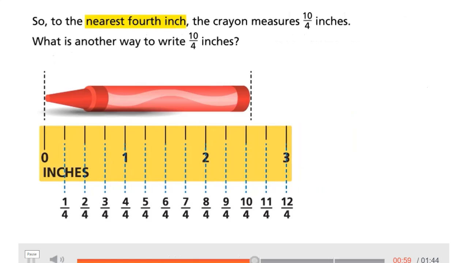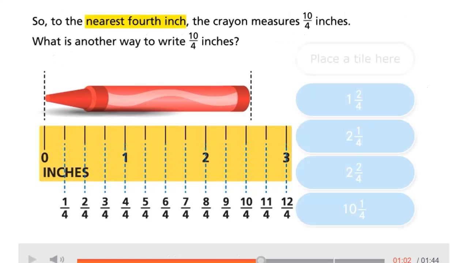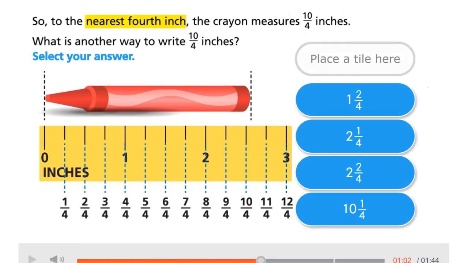What is another way to write 10/4 inches? Select your answer. So another way to write 10/4 inches is what we call a mixed number, where you have a fraction part and a whole number part. We're going to see now if each one of these is broken up into fourths, right? 4 equal parts in between each whole.